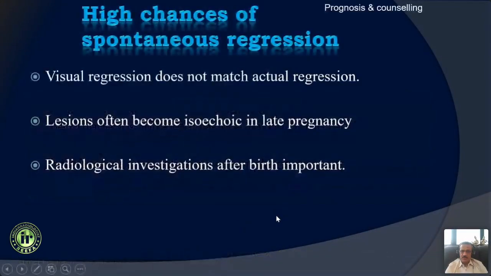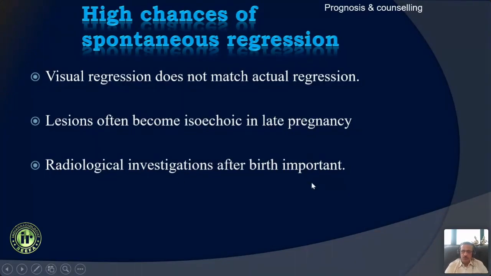Now, a very, very important message here is that even if you see the lesion regressing in the third trimester, this does not match the actual regression, because a good number of these lesions become isoechoic in late pregnancy. It might be difficult for you to pick up, and therefore it is very important to investigate after birth.